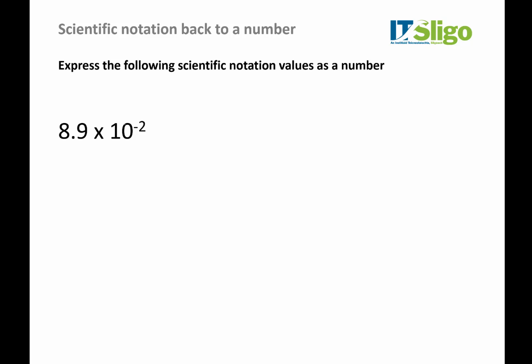Now this is 0.89 by 10 to the minus 2. And you can often just think it through. But first of all, because this is negative, my answer must be less than 1. The decimal point has to be 2 places away. 1, 2.